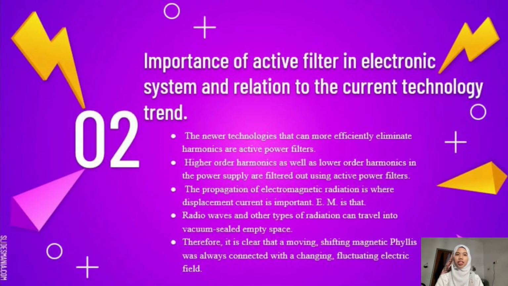The propagation of electromagnetic radiation is where displacement current is important. EM radio waves and other types of radiation can travel into vacuum-sealed empty space. Therefore, it is clear that a shifting magnetic field is always connected with a changing electric field.